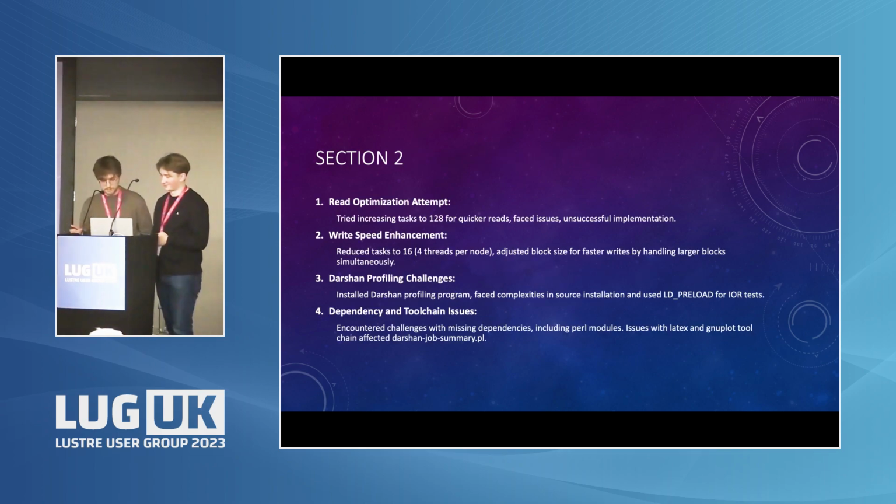We tried to increase some tasks for quicker reads. We faced some issues with that. We reduced the number of tasks to 16, so 4 threads per node, and adjusted the block size for faster writes. We also tried to use Darshan.